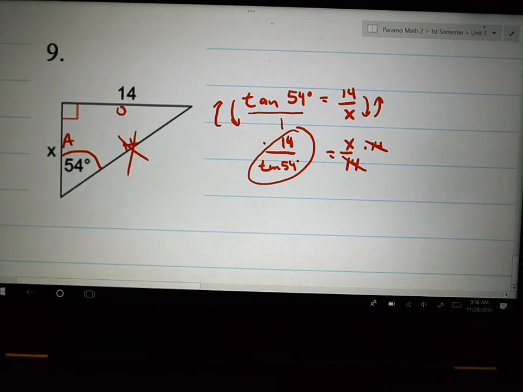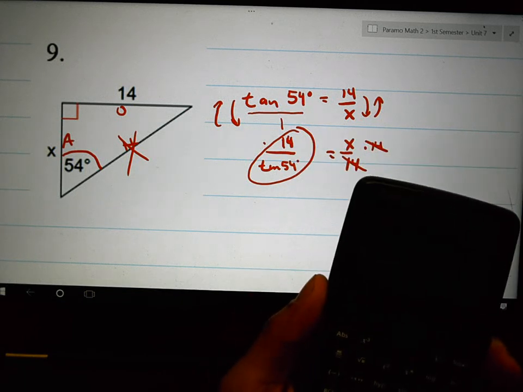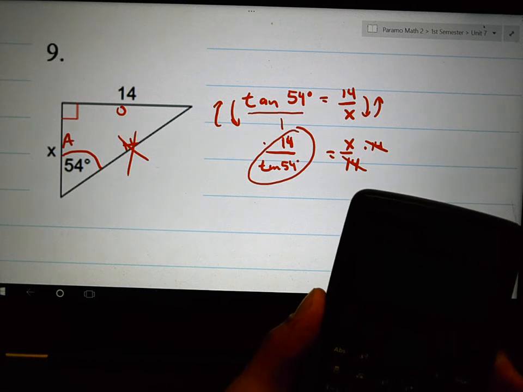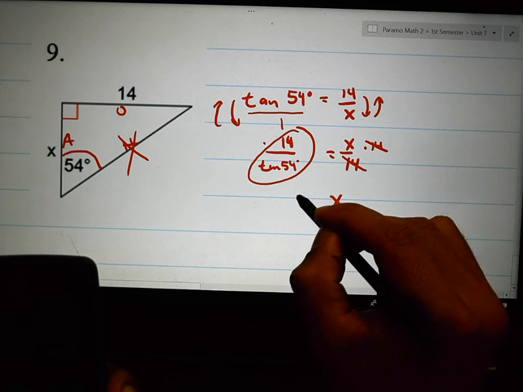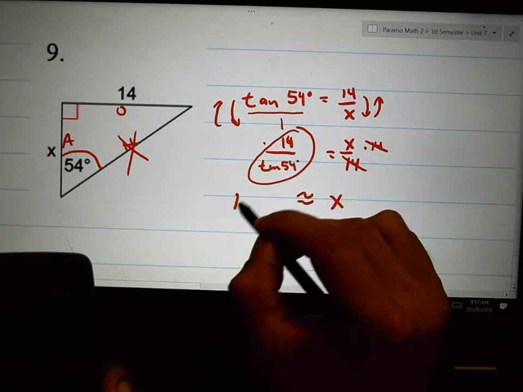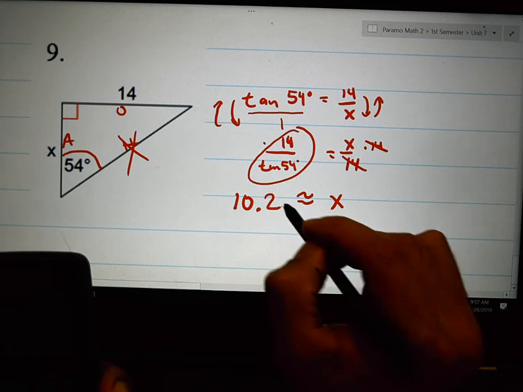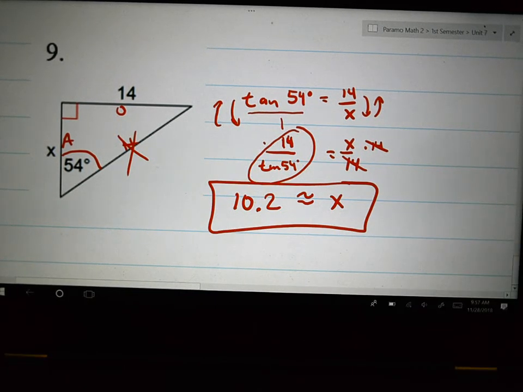Or use the fraction button. I'm going to type it in as fraction button divided by tangent of 54 degrees. X is about 10.17 rounds to 10.2. I'm going to stop your notes right there.